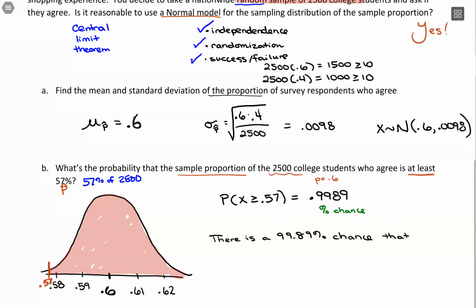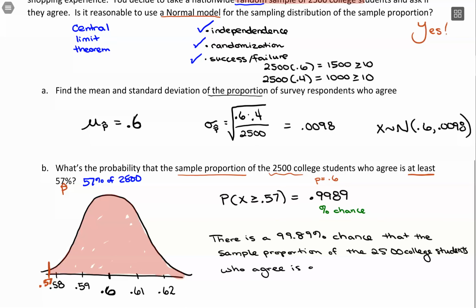In fact, I'm just going to start copying that the sample proportion of the 2,500 college students who agree is at least 57%.